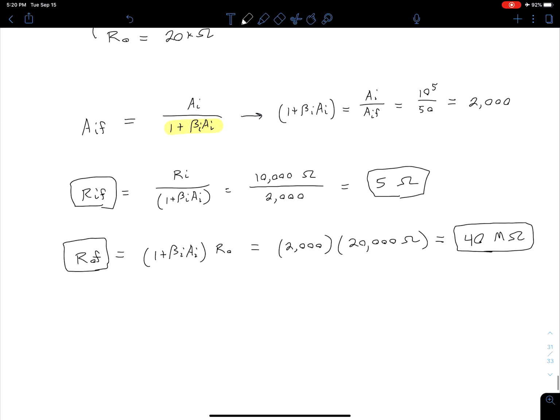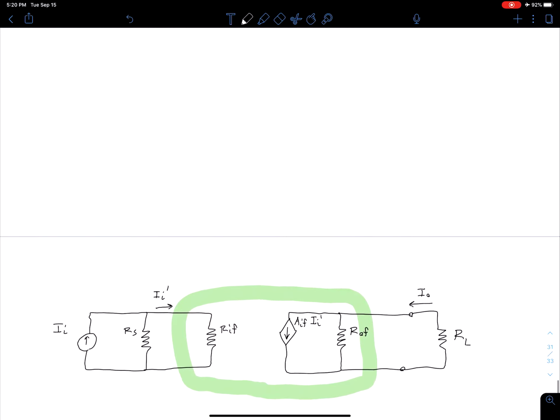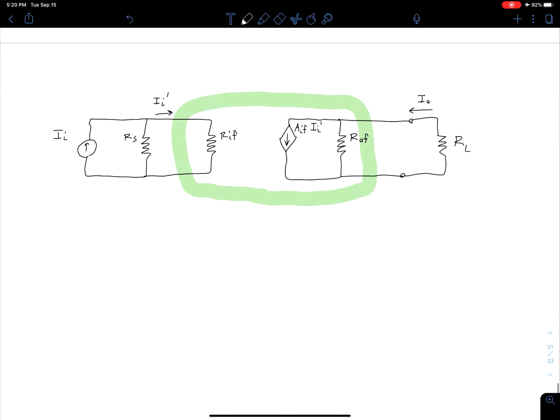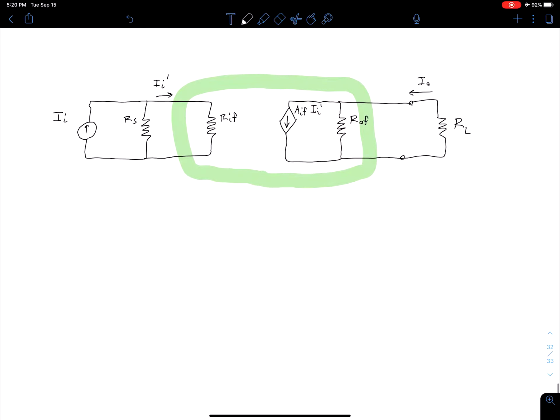So let's take a closer look at that equivalent circuit and note how it is behaving how we want it to. For both our input and output sides, let's consider current division. On the input side, the current that we're interested in is going to be that I sub I prime going into the amplifier, which is represented in green here.